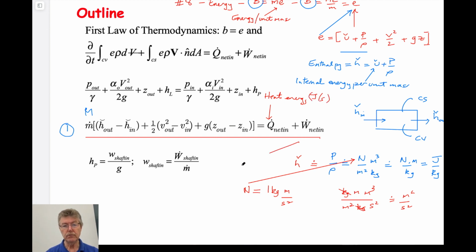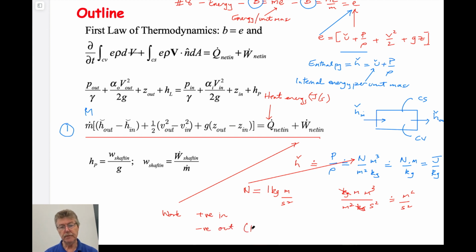And I guess the other one would be work. I know I'm writing all over. So in the turbine, you put fluids in, it does some work on that. And if you're putting work into the system in terms of a pump, then it's positive. Positive if in, negative if out.